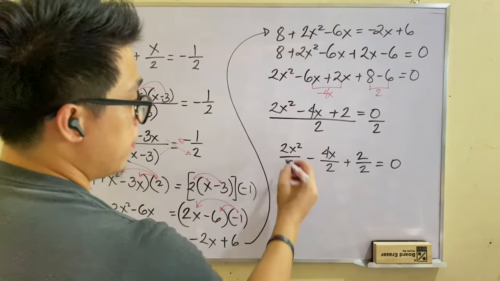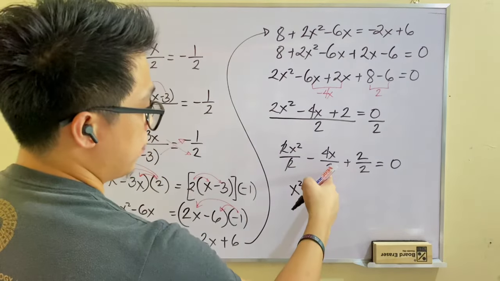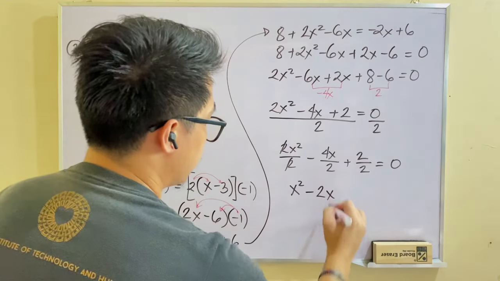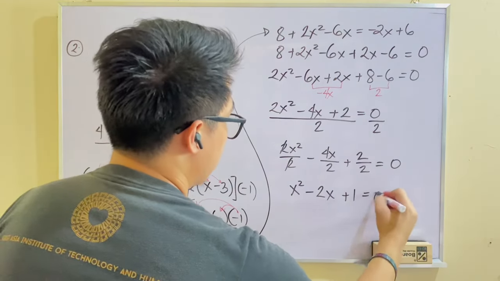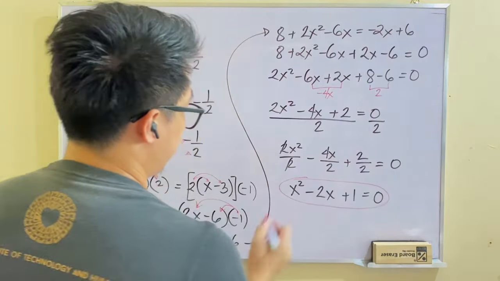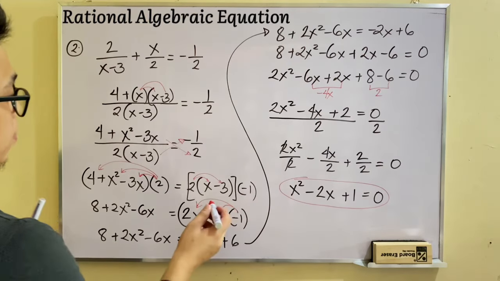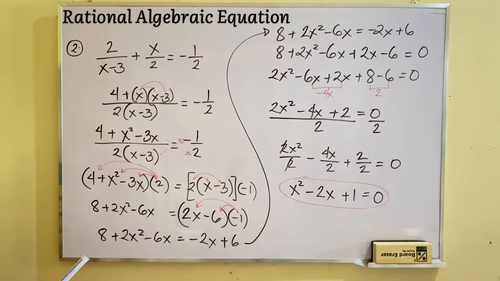So 2 divided by 2 is 1, so x squared. 4 divided by 2 is 2, huwag kakalimutan yung minus, so minus 2x. 2 divided by 2 is positive 1. So ito ang ating simplest form ng quadratic equation which is equivalent to our given rational algebraic equation.